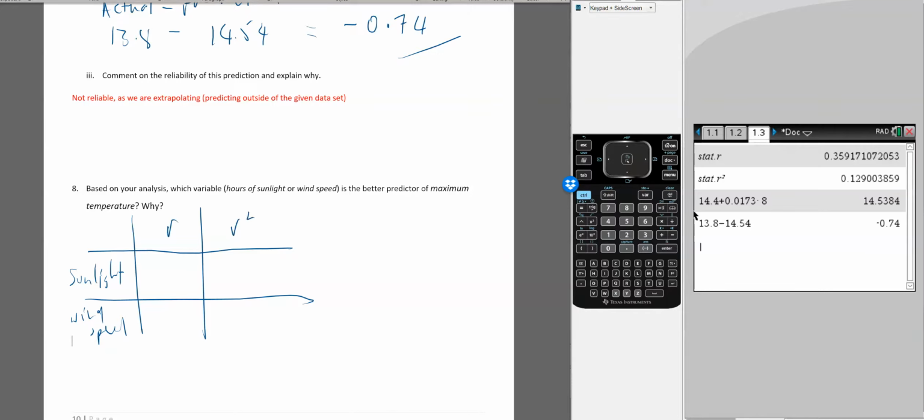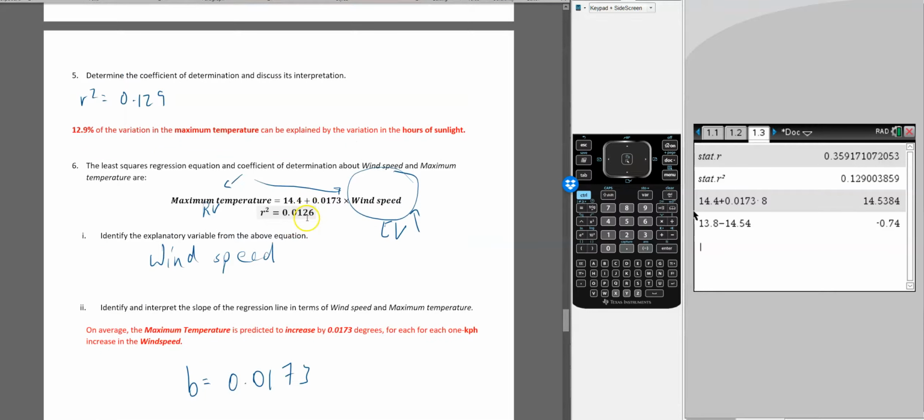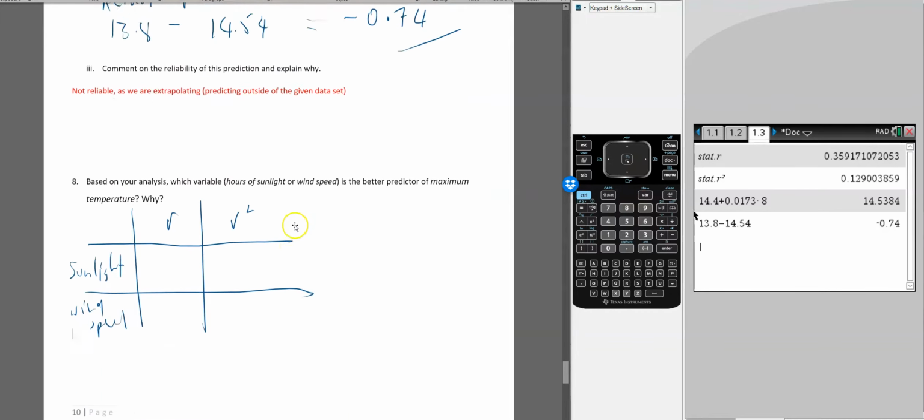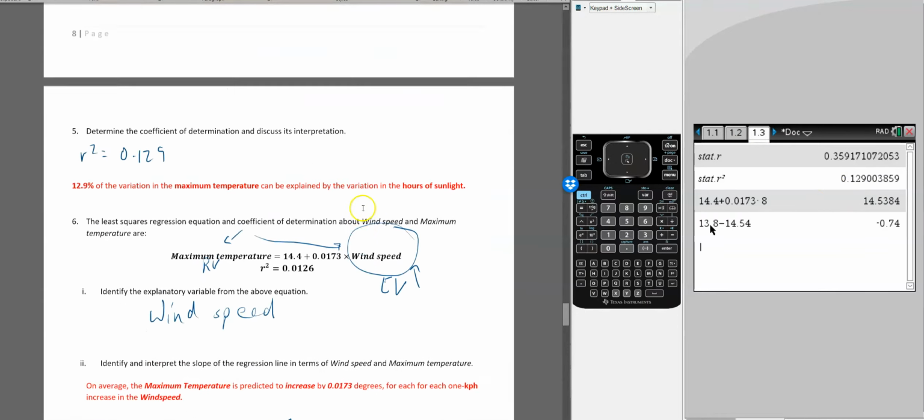These are given in the question. For maximum temperature and wind speed, it is 0.0126. And the sunlight one that we calculated a while back was 0.129.